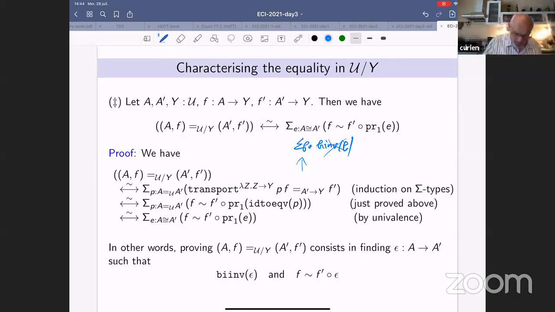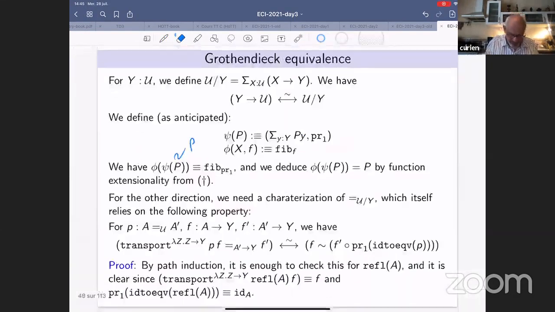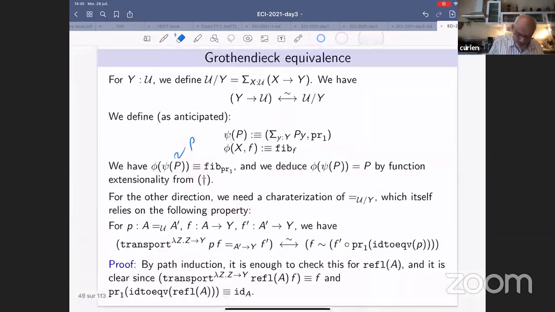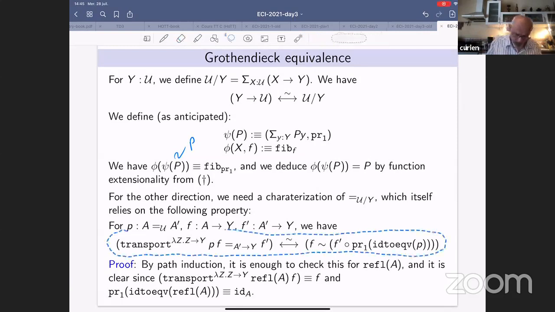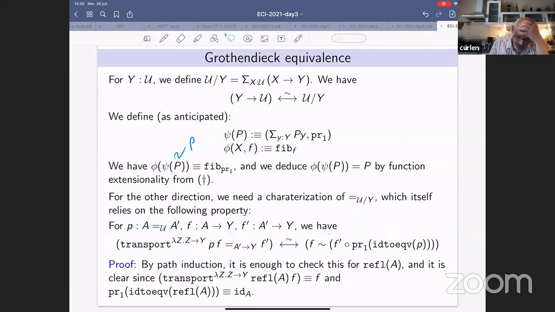Okay, so my goal is to prove this theorem, but before I prove it, I need to prove some preliminary result, which is here. So this result is the following. Okay, so let me state it. Suppose that we have a proof that two types are equal.